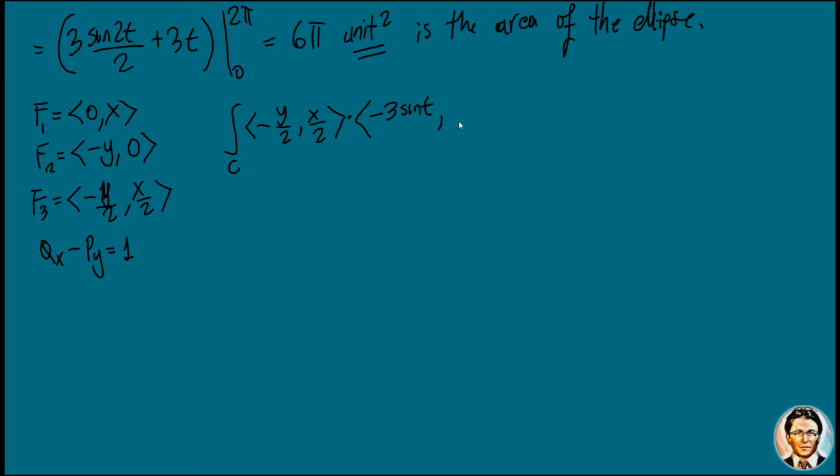And y is 2 sine t, so dy is 2 cosine t, and we have dt outside, with the dot product. If we calculate this line integral, we should get the same number. I should replace y with its expression, 2 sine t, and x is 3 cosine t.